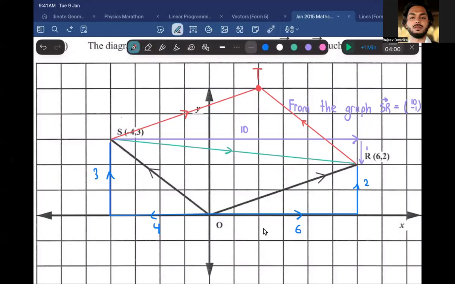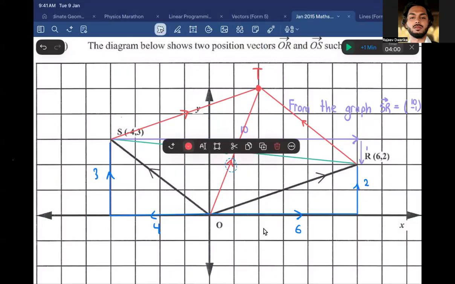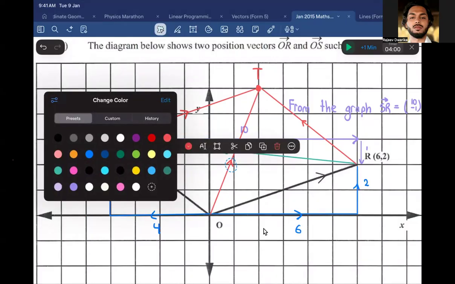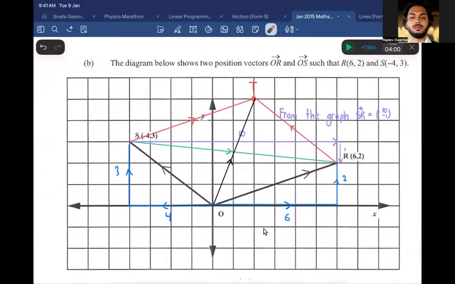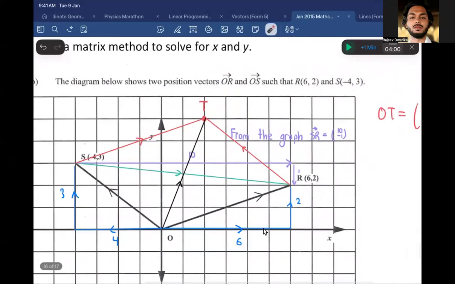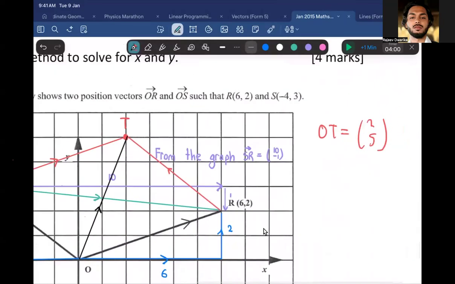And just keep in mind, in the question, they gave us O to T. They told us that O to T was 2, 5. So we know what O to T is. So Joshua, if we want to figure out vector R to T, that means that we are starting from what point?